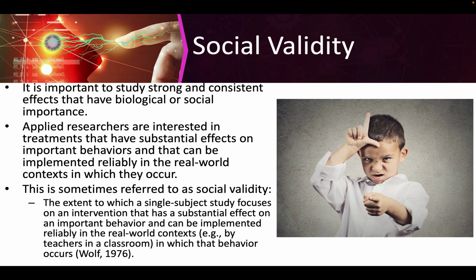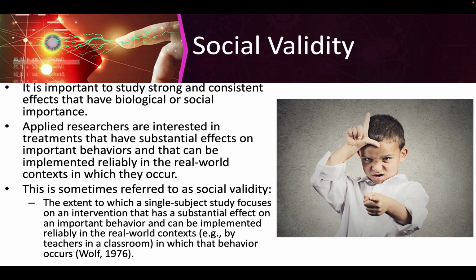It is important to study strong and consistent effects that have biological or social importance. Applied researchers are interested in treatments that have substantial effects on the important behaviors and that can be implemented reliably in the real world contexts in which they occur. This is sometimes referred to as social validity.